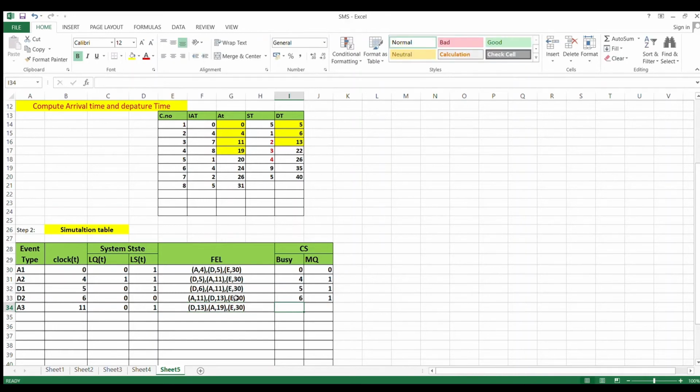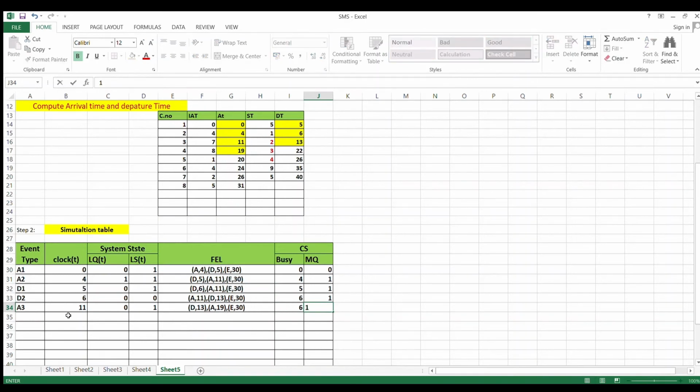To calculate the busy time, third case: if all the customers came and went out and there is a new customer, then write down the previous value as it is. Here, customers A1 and A2 came to the system and completed their services. Now A3 is the only new customer in the system. In that case, the busy value will be 6. Maximum Q will be 1.